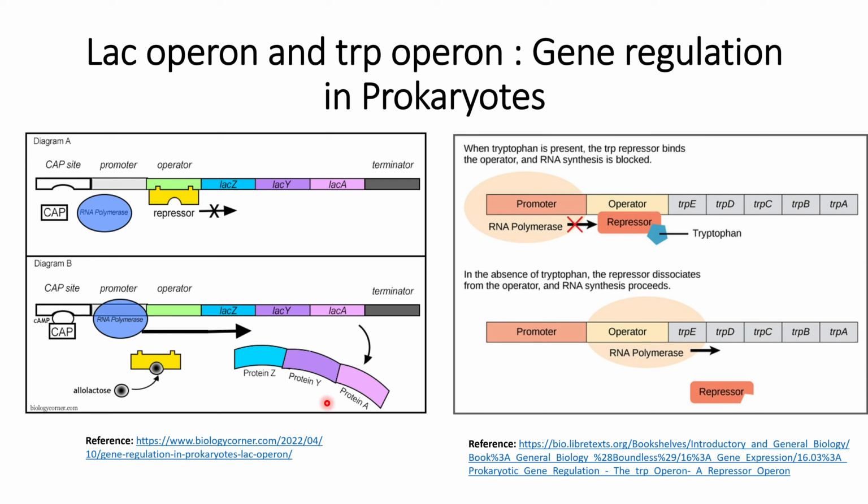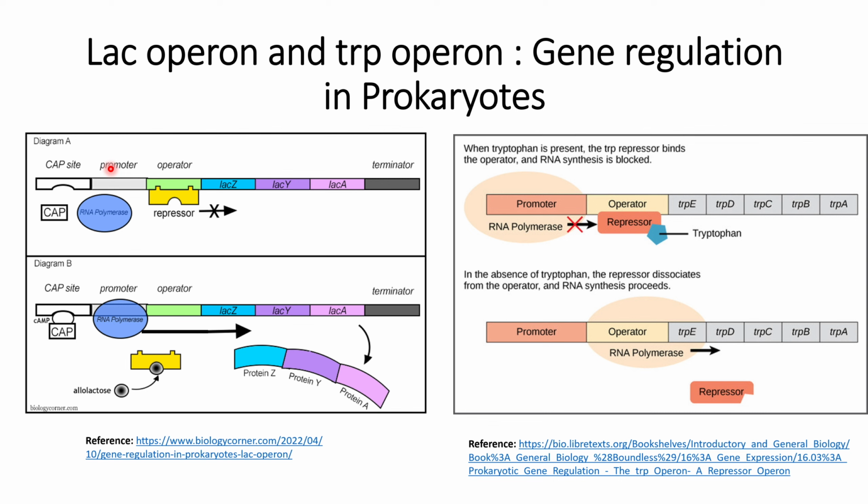This leads to protein formation that helps in breaking the lactose into sugar molecules, so that it can be used for the metabolism of this E. coli bacteria. So this is how the Lac-operon works.